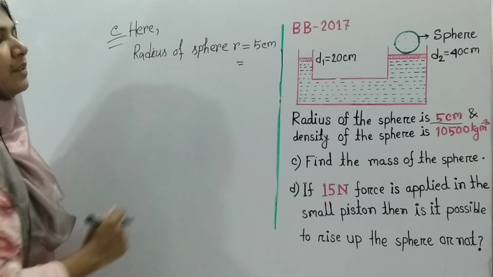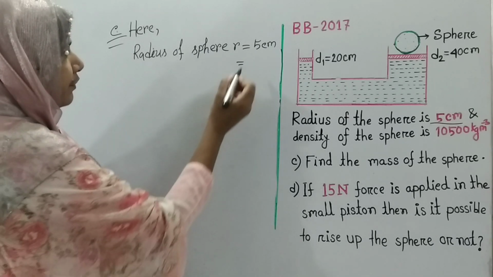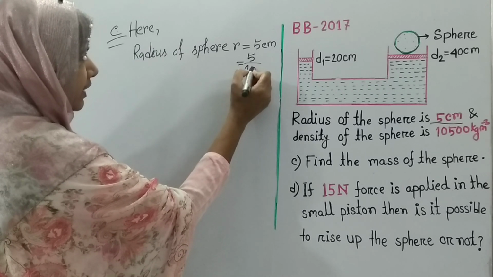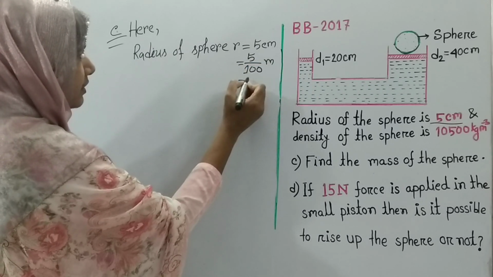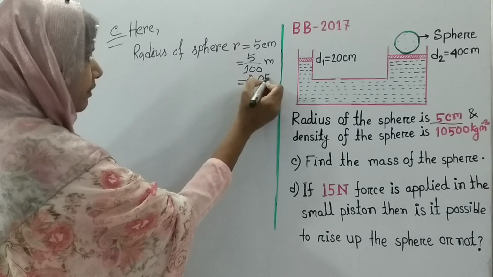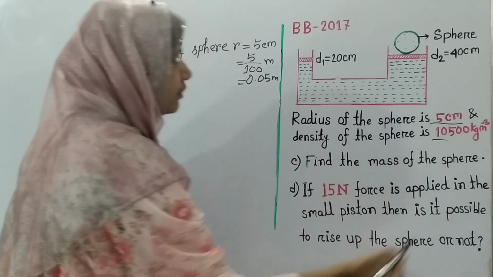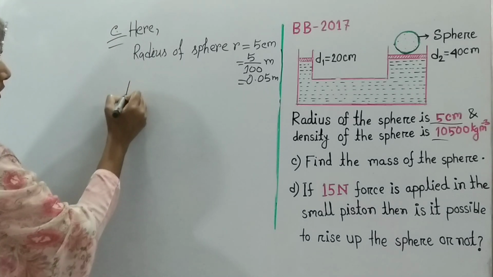Now as it is in CGS unit, so we have to convert it into SI unit, that means 5 divided by 100, that is 0.05 meter.